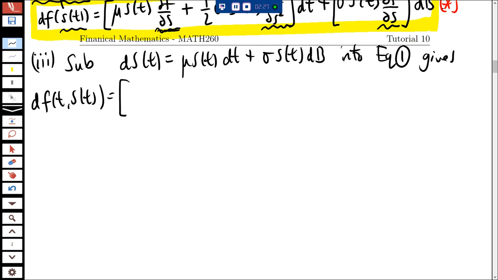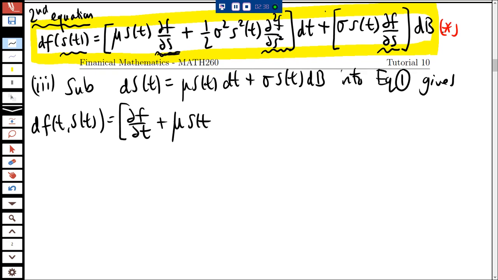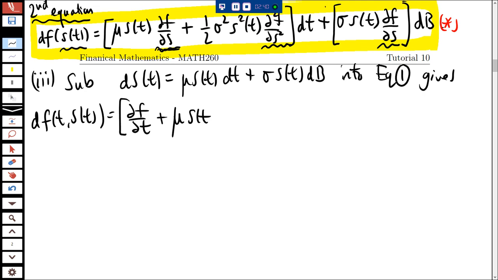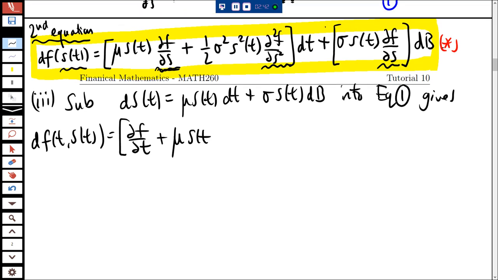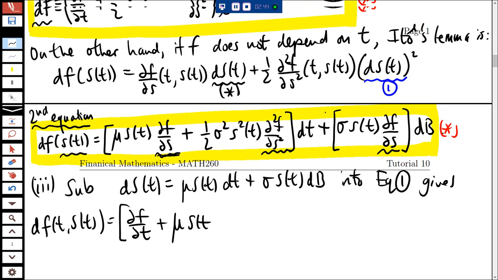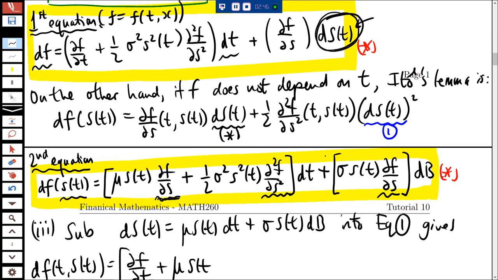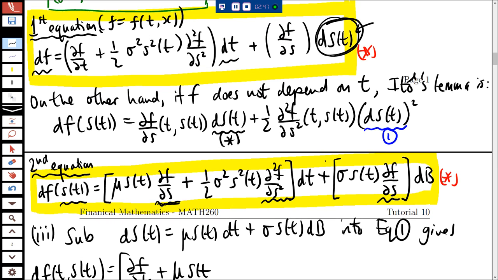Let's just write it. There's two extra terms, so I think one of them might cancel. Oh, that's the wrong equation. No, there's two extra terms. Okay, that's fine. So let's drop them in.